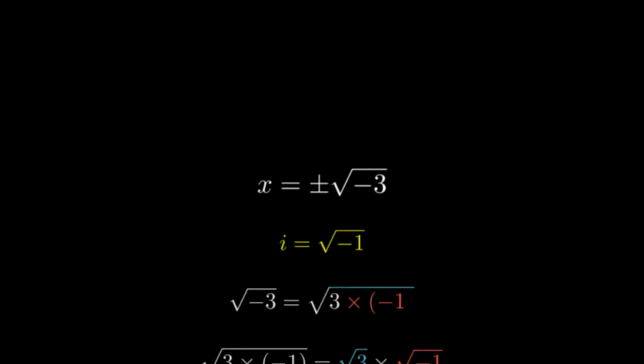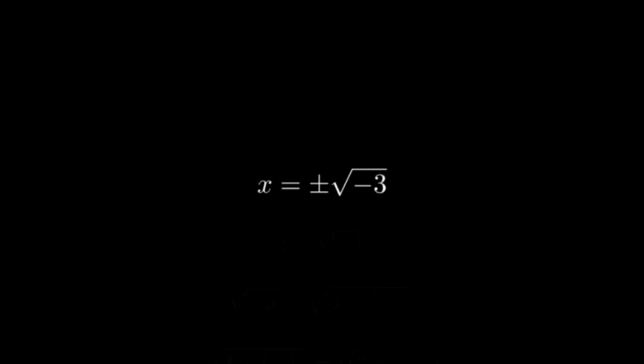Let's return to our original equation and rewrite our solution using the imaginary unit i. Our solution becomes x equals plus or minus the square root of 3 times i. This is the standard form for expressing complex solutions to quadratic equations. Notice how the imaginary unit i helps us express solutions to equations that would be impossible to solve if we were limited to real numbers only.